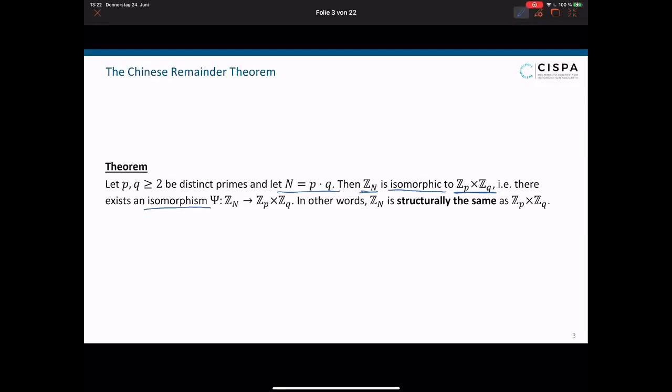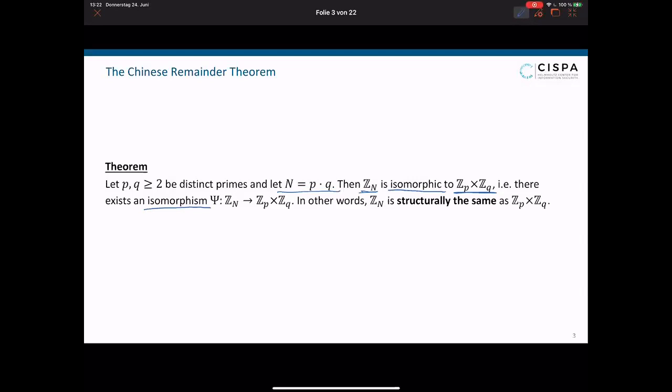I'm going to explain a little bit more what it means for something to be an isomorphism. But this says that if you have a mapping which preserves structure, this is the homomorphism part of isomorphism, which goes from Zn to Zp times Zq, and you can go backwards, right?